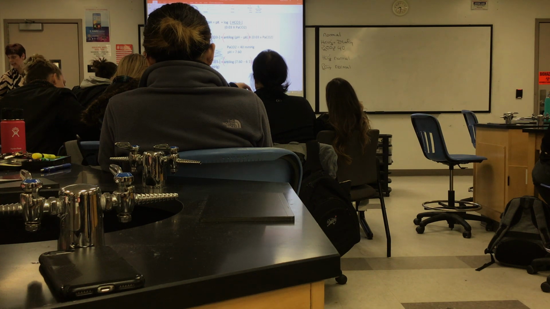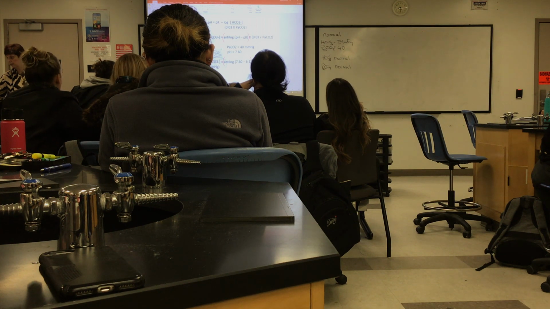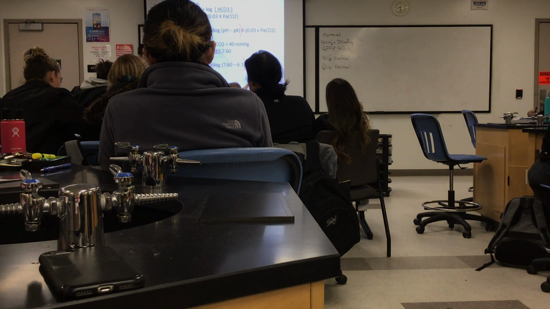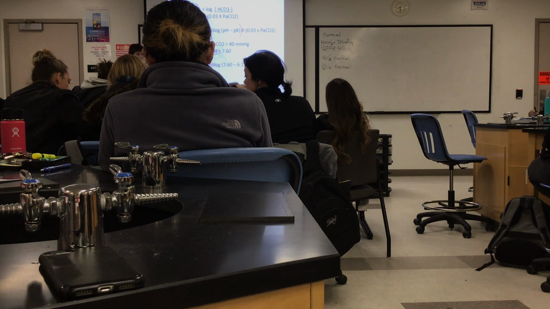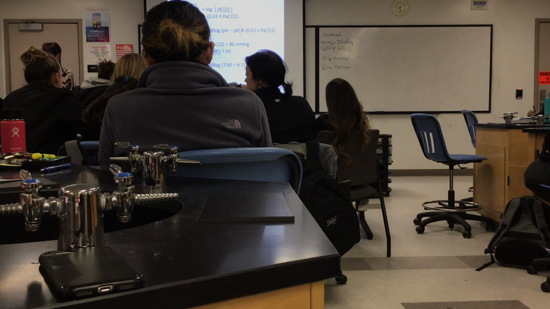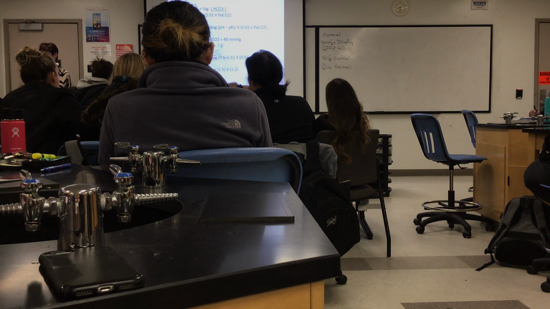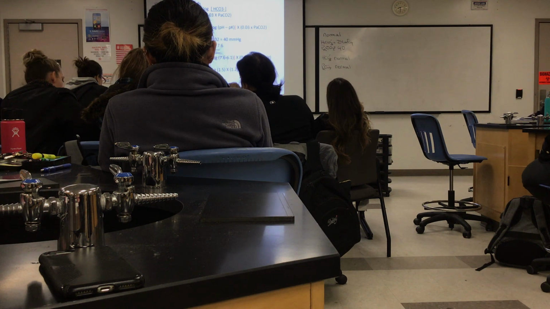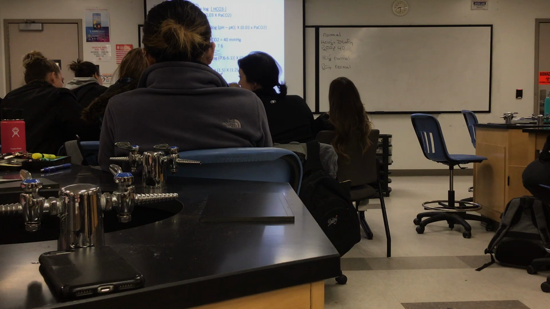So, that's what we put in there. And then we multiplied 0.03 by 40, and that was 1.2. Okay? So here we have the antilog of 1.5, which we know is 31.